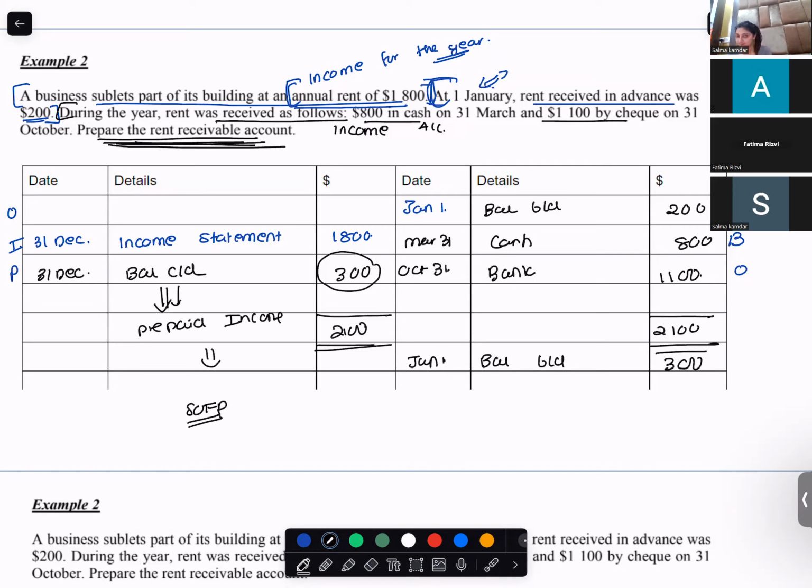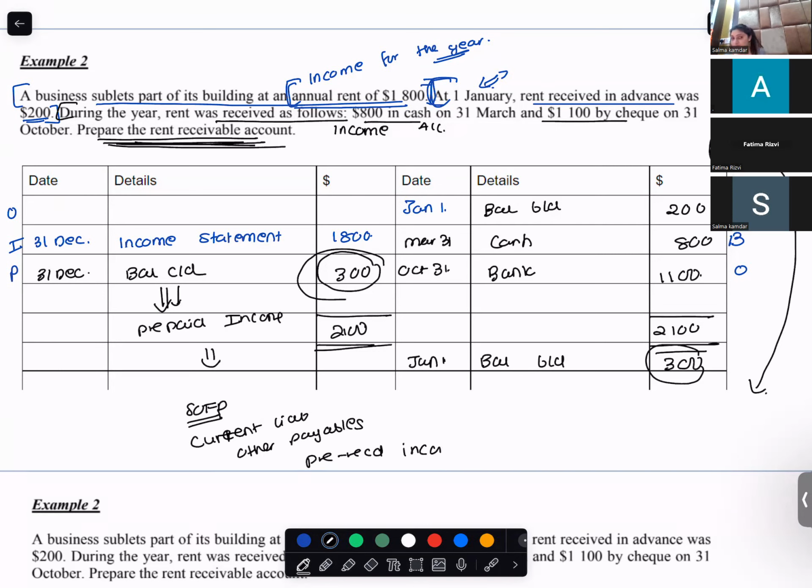This is the closing balance, this is the opening balance. The opening balance is coming on the credit side. A current asset cannot have a credit balance. So it is a current liability, other payables, under the income heading. It is pre-received income.